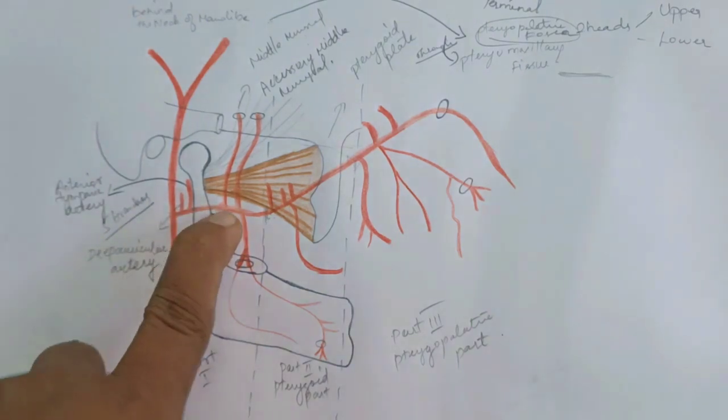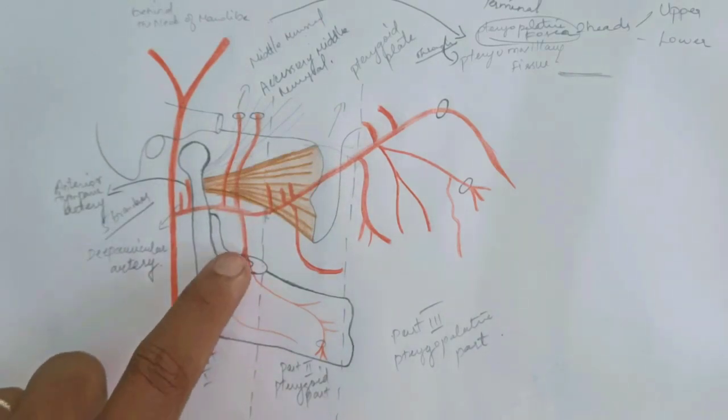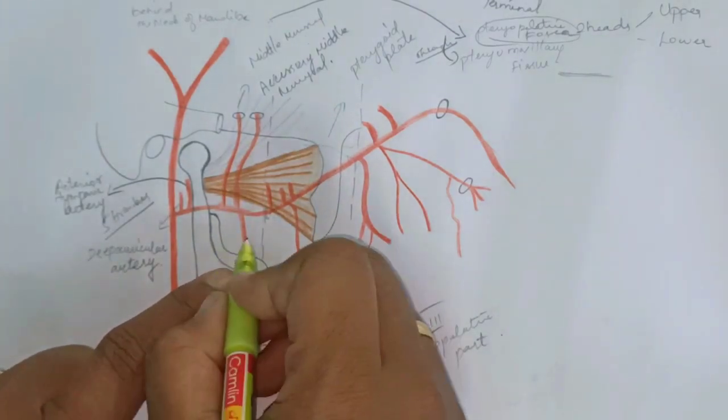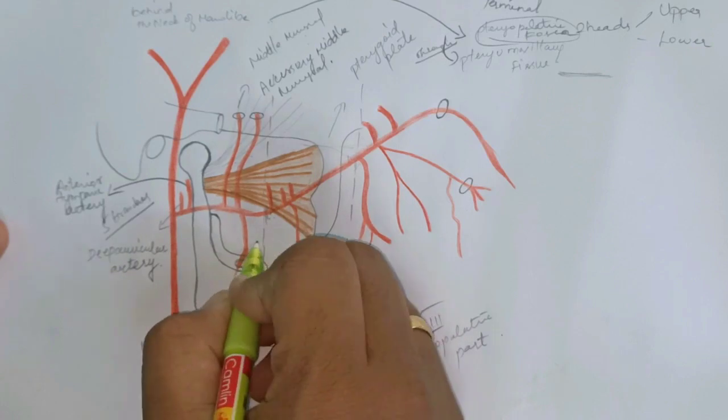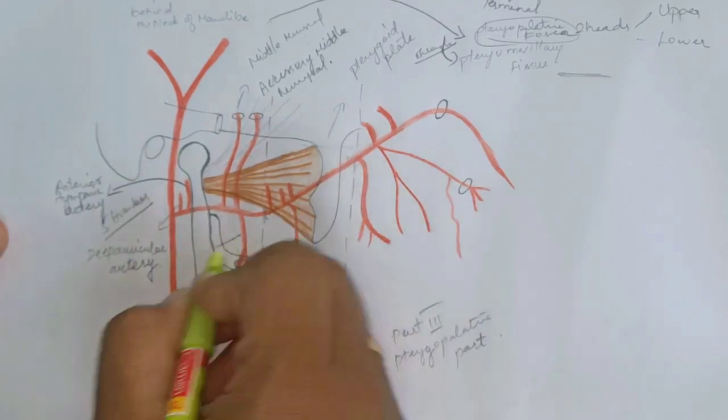So from behind the neck of the mandible to the lower border of the lower head of lateral pterygoid muscle is your first part, that is mandibular part. It gives 5 branches. This 5th branch is your inferior alveolar artery.